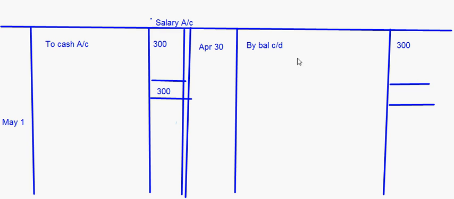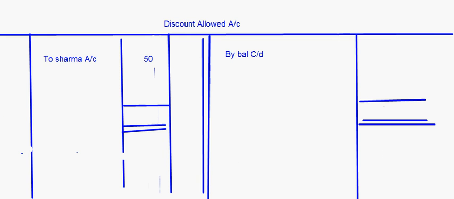Okay, salary account, to cash account we had 300, so on April 30th we say by balance carried down 300. This is 300 here, and this will be to balance brought down on the debit side 300, right? Discount allowed account, only one transaction, to Sharma account on the debit side, right?